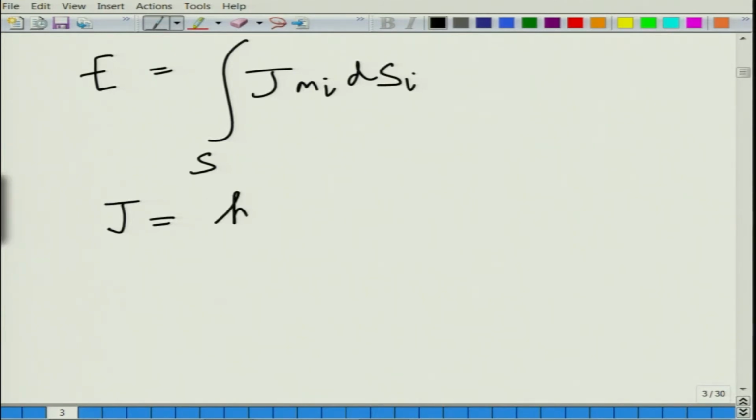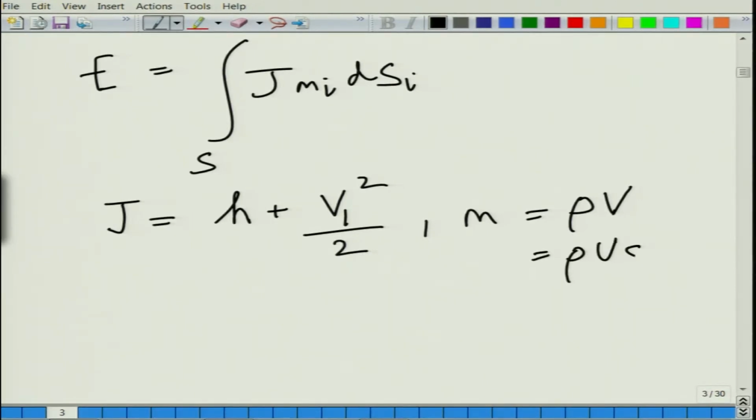So, J is equal to H plus Vi square by 2, where V is the total fluid velocity, and the mass flow rate is nothing but density times volume velocity, that is rho U S.